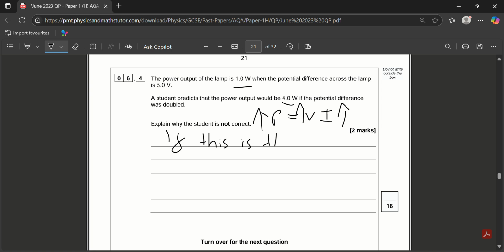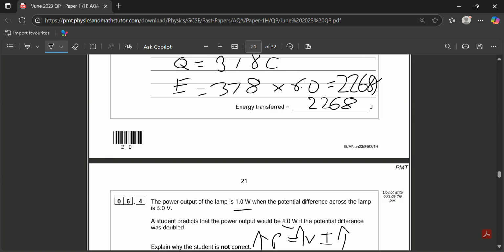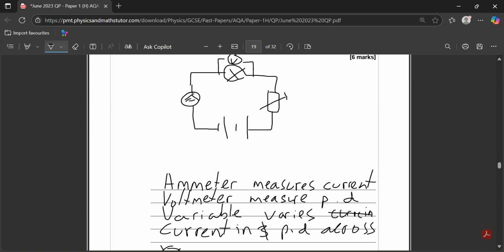If this is the case, then voltage would double and current would double.